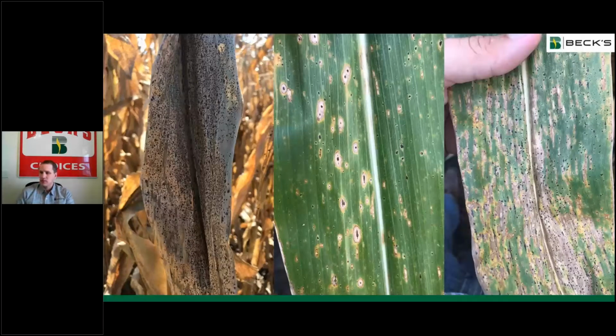And the third picture on the right with my thumb in it there, you can see that tar spot actually infected on that leaf with another disease. So you see lesions of gray leaf spot on there as well. The larger lesions are gray leaf spot too. They've just coalesced and grown together. So it's an opportunistic disease that can grow right in conjunction with those other diseases.